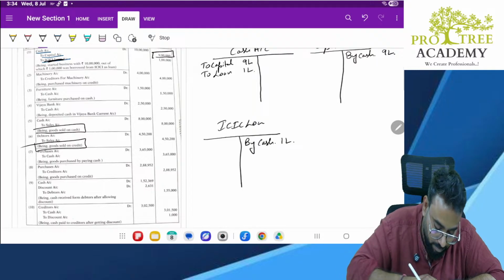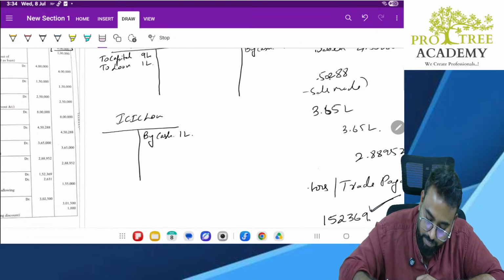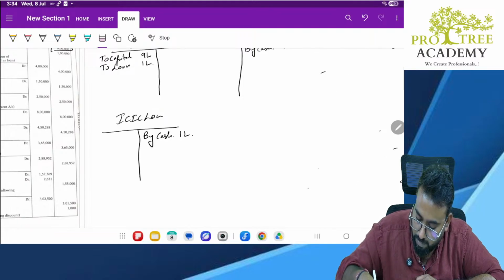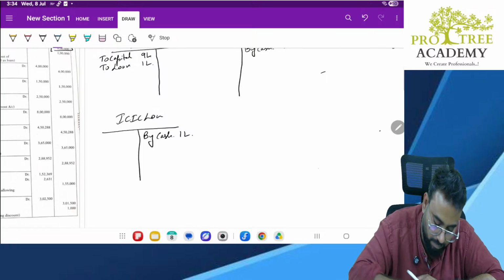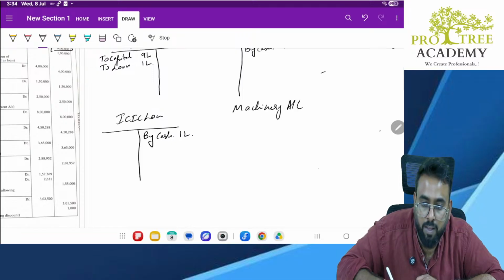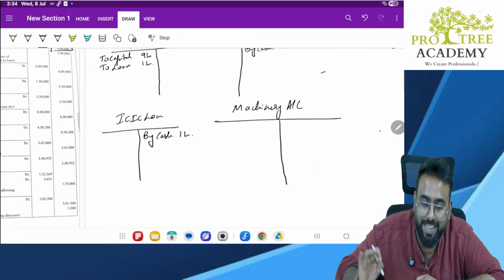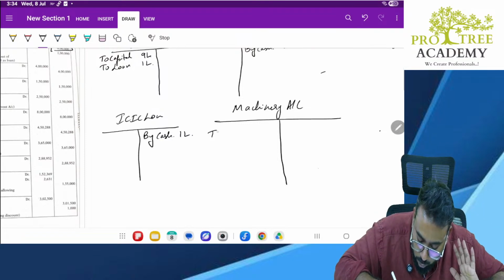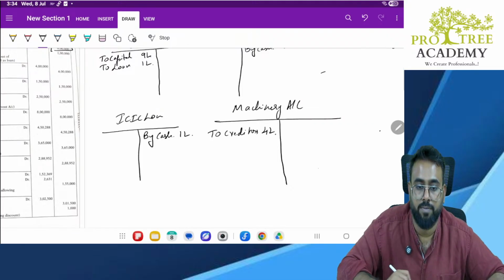Yes? Okay. Next, machinery account to creditors for machinery. Shall we open machinery account? Yes. Tell me the entry. Machinery account debit to creditors. So machinery account is getting debited, so we should start on the debit side. To, how much? 4 lakh. Correct?